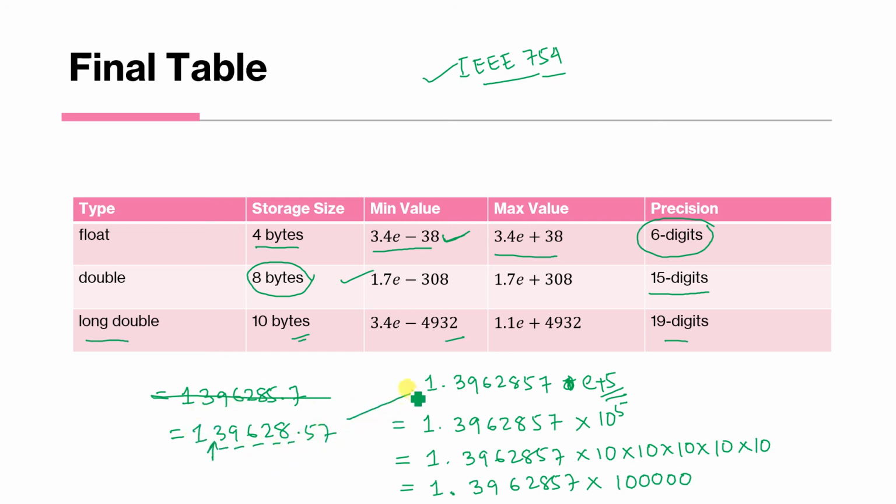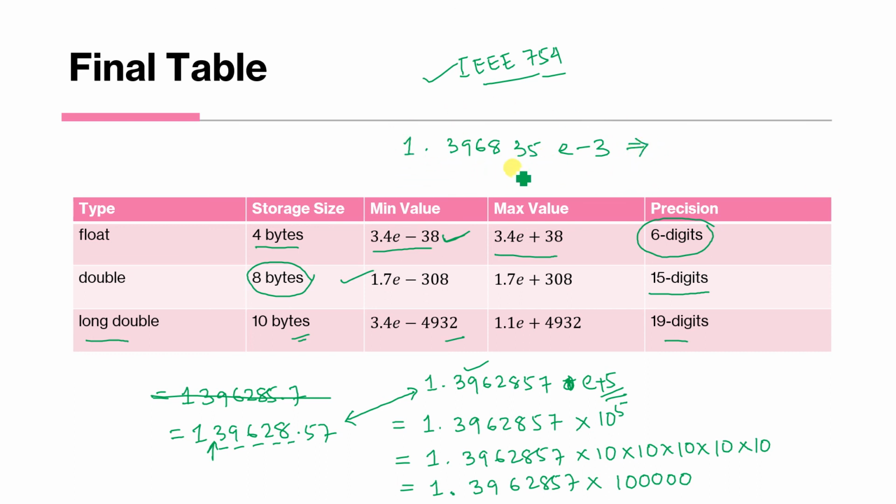So this is the decimal number given to you, and in scientific notation it is represented like this. Similarly, suppose a decimal number is given like this, let's say 1.396835 E minus 3. This is the scientific notation.